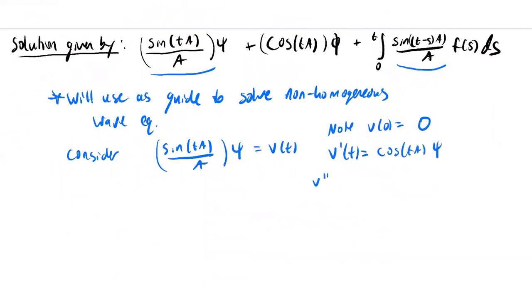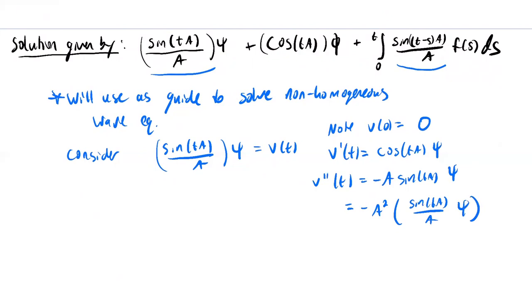And then if I take the second derivative, I get, well, derivative of cosine is minus sine, and then the chain rule I have to use, so I get minus a times sine of ta times c. And I can put this in this form by writing this as minus a squared times sine of ta divided by a applied to c.